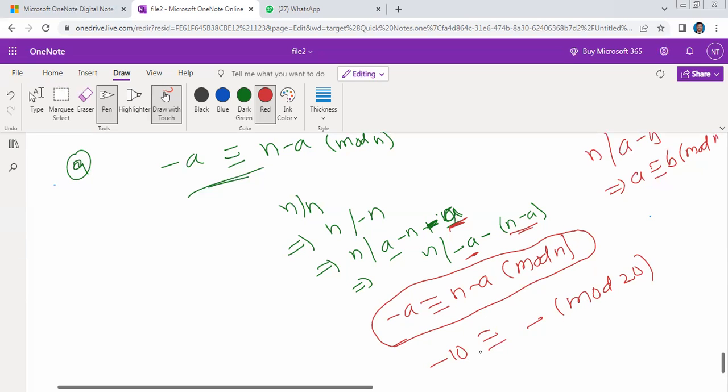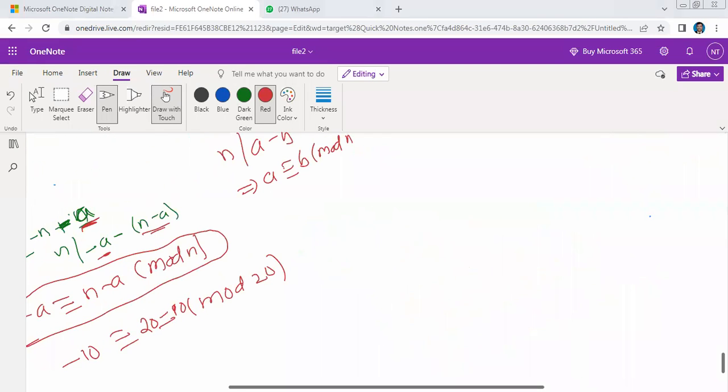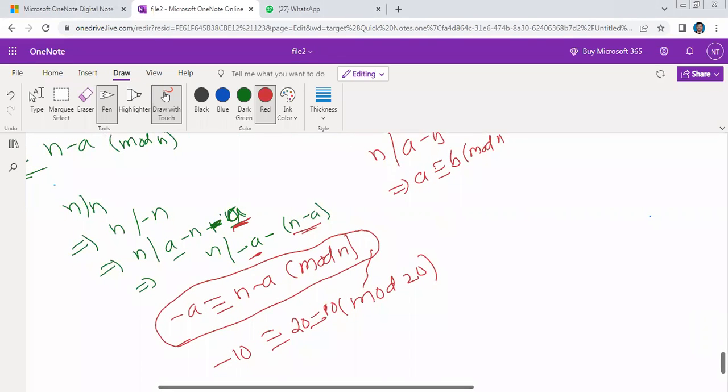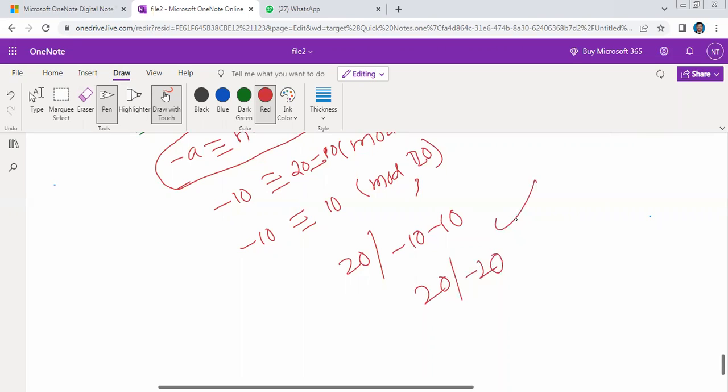What is our 20? 20 minus 10, so 10. By default this is the same. Is it correct? -10 congruent to 10 modulo 20, so 20 divides minus 10 minus 10, so 20 divides minus 20. Yes, it's correct. So this is an important result, which we will use a lot later, and then you will realize its value.